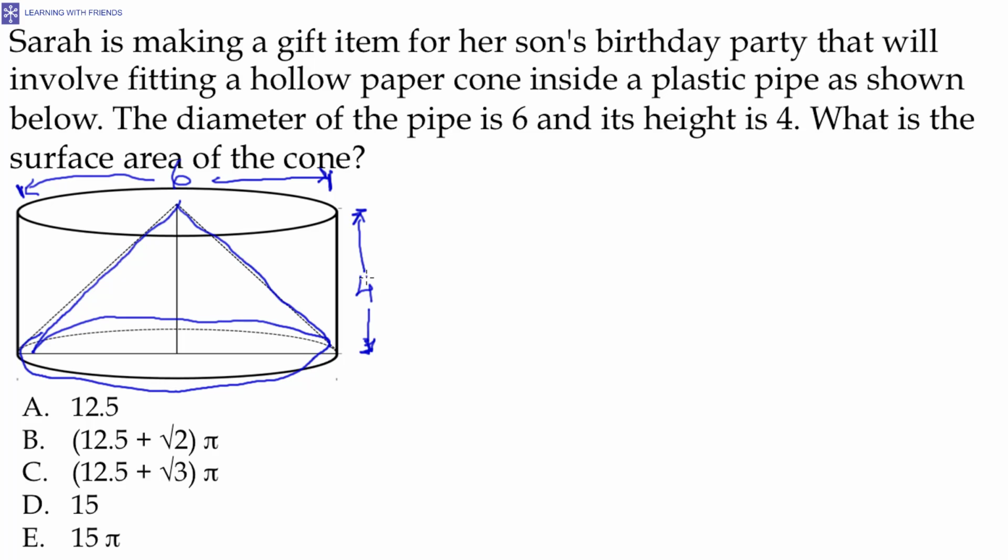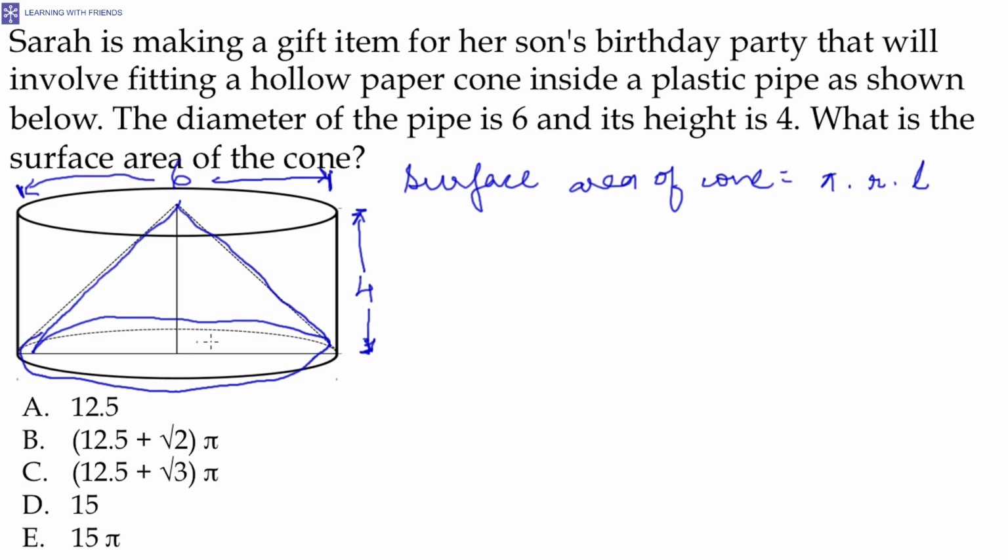Right. What is the surface area of the cone? So the blue margin that I had shown, the cone, that surface area we have to find out. Now the surface area of any cone is given by the formula pi times r times L, where pi is 22 by 7, r is the radius.